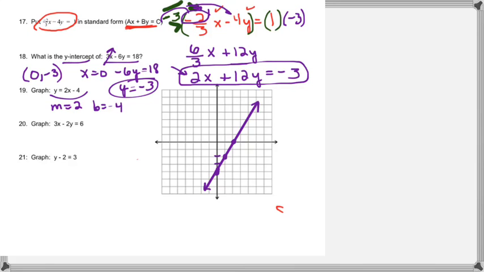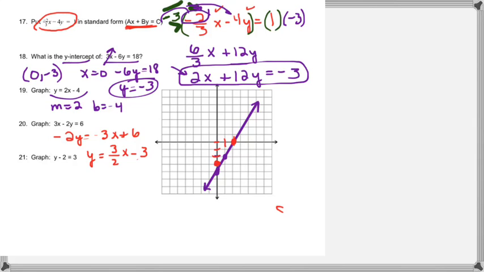Next one we'll do in red. We'll solve this thing for y. So it's in slope-intercept form. Y equals 3 halves x minus 3. Y-intercept, negative 3, which is right there. And slope is up 3 over 2. That goes to one of the same points. 1, 2, 3 over 2.